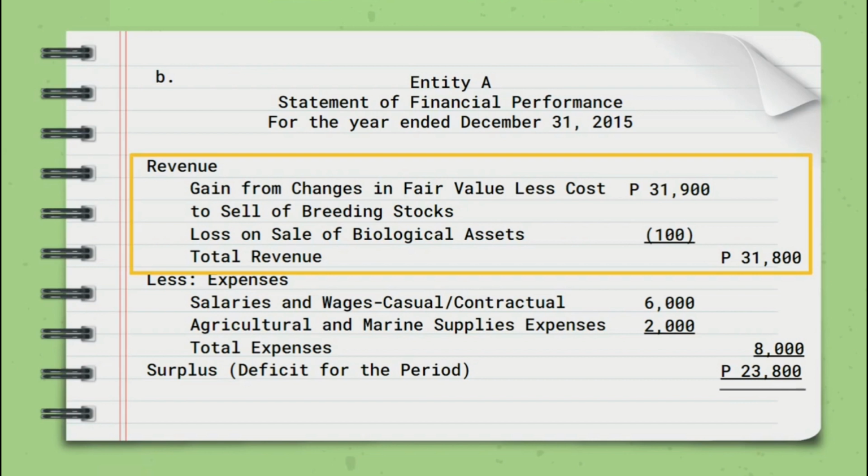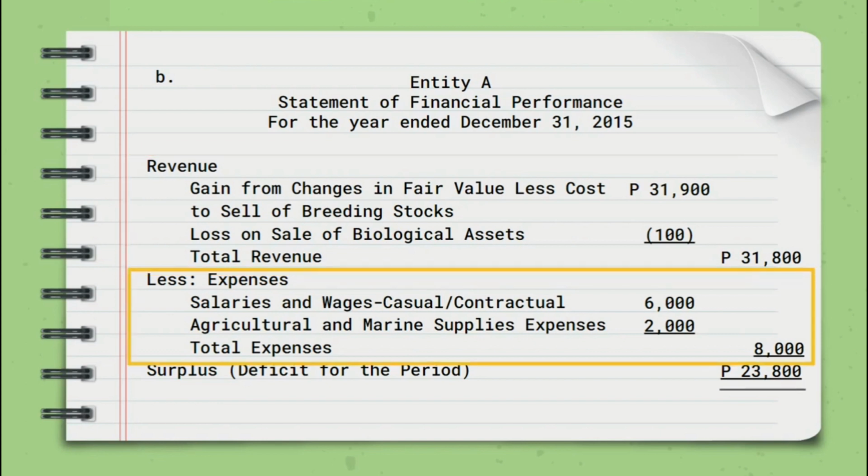First, for the revenue, we have gain from changes in fair value less cost to sell of breeding stocks worth 31,900 pesos and loss on sale of biological assets worth 100 pesos, and these two were computed in journal entry B in the previous slide, which will give us the amount of 31,800 pesos as our total revenue.